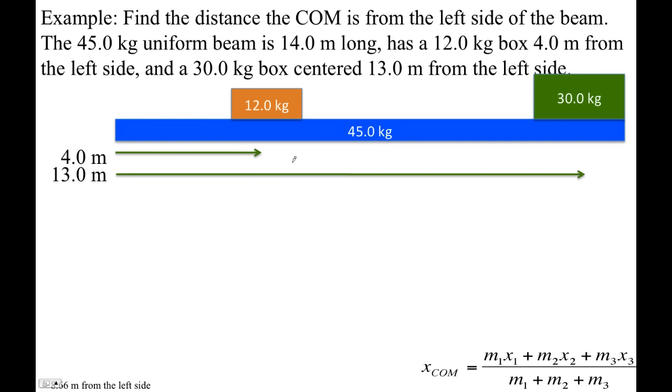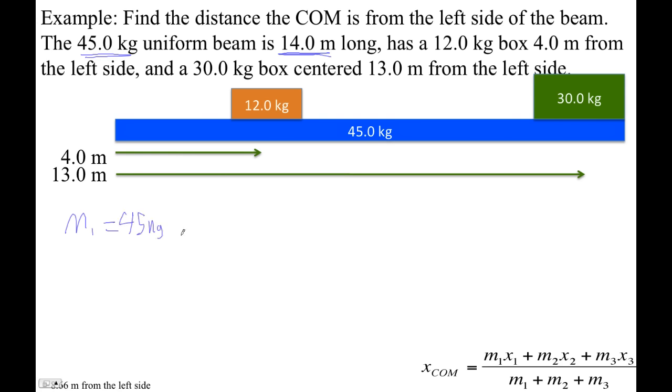All right, let's do an example of this. Let's find the distance the center of gravity is of this entire system from the left side. The beam is 14 meters long and it's a 45 kilogram beam. So I'm going to say that m1 is the beam itself, 45 kilograms. And of course, this is recursive.